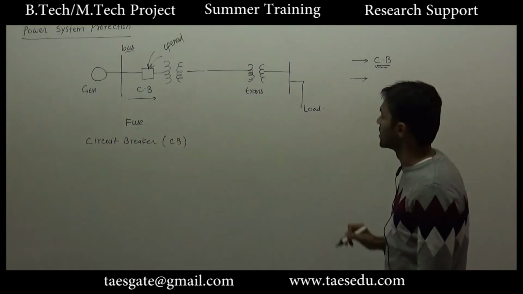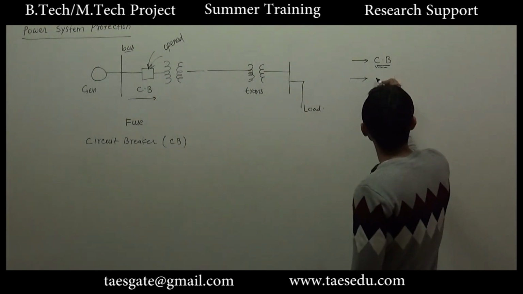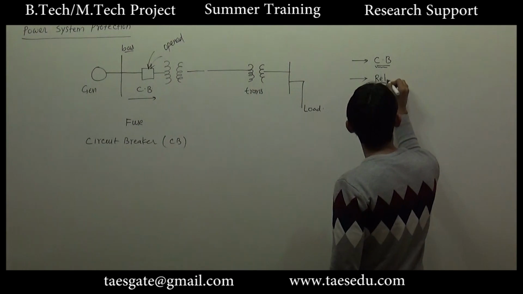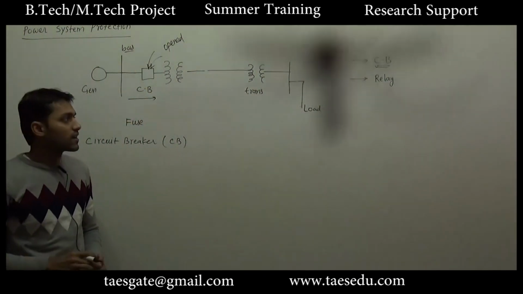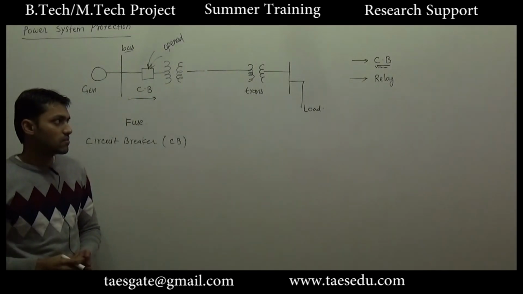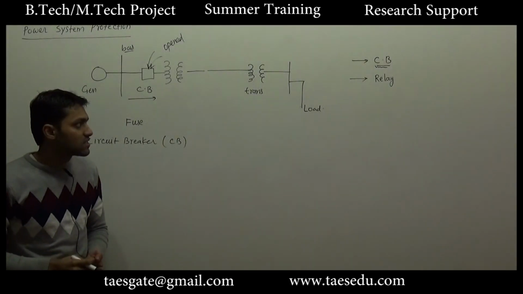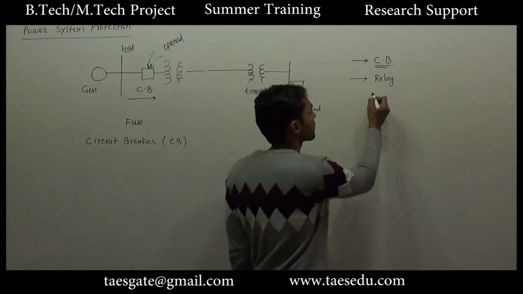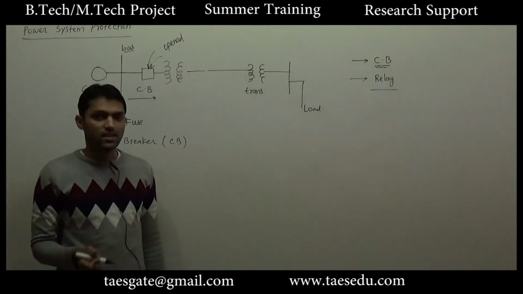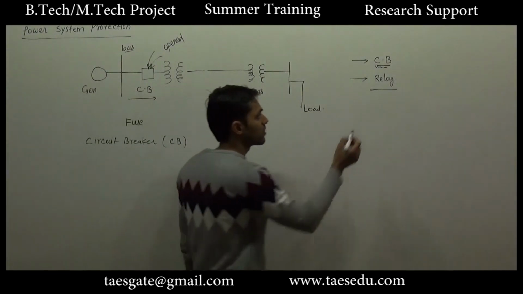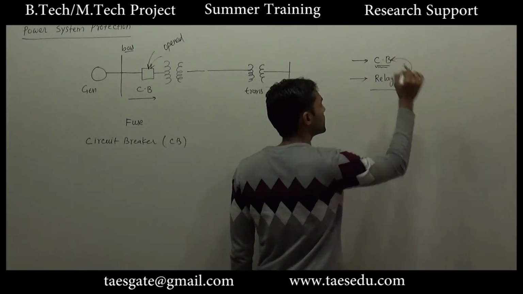The decision is also automatic, and it is taken by the relay. Whenever a fault occurs, the magnitude of current becomes high, and this is sensed by the relay. It will send a command to the circuit breaker to open its connection.